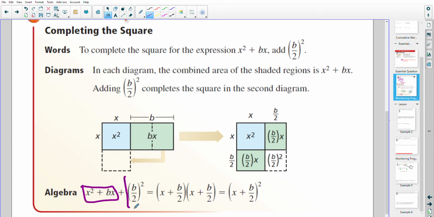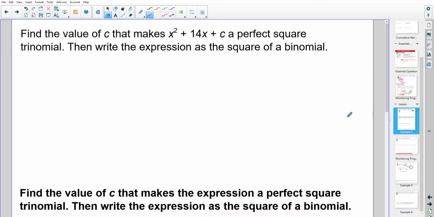This adding of the number right here is where you take this middle coefficient, that b, divide it by 2 and square it. When you do that, then this can be factored down into something that looks like this, and then you can go ahead and take the square root of both sides. I think it's most easily seen in an example.